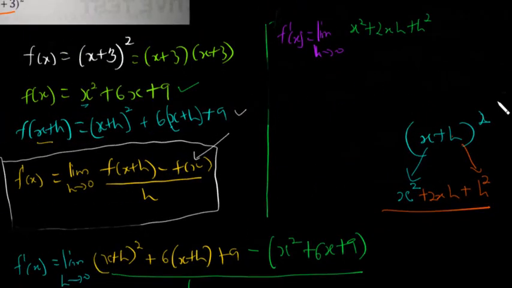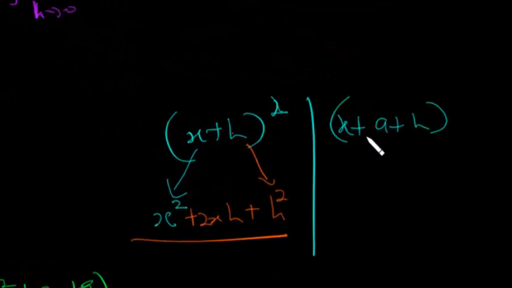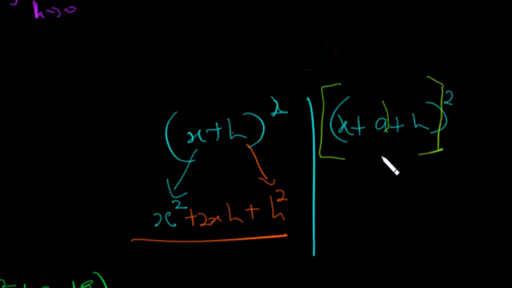You can even apply this to anything. If you have even 3 terms here, like x plus, say, a plus h all raised to the power 2, you can even expand this. You just have to be a little bit proactive here. You can group the x plus a as one term, so you put it into square brackets, so you have x plus a on one side, you square it, then you have h on the other side squared.